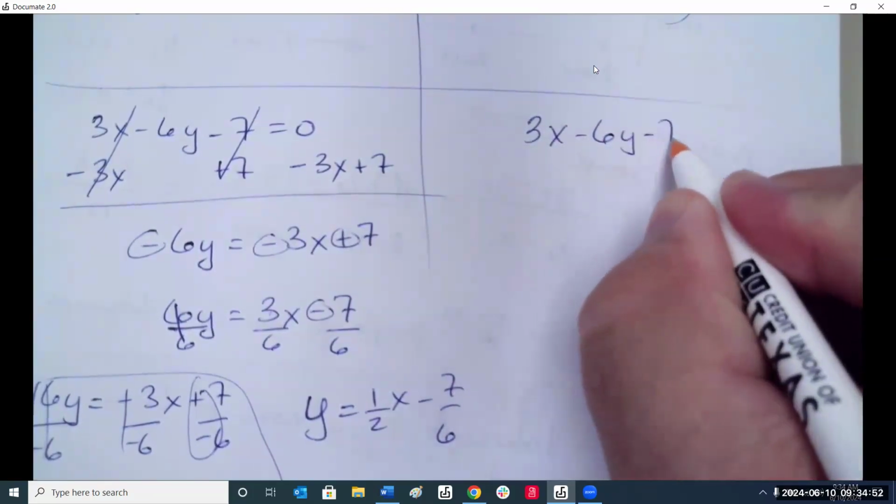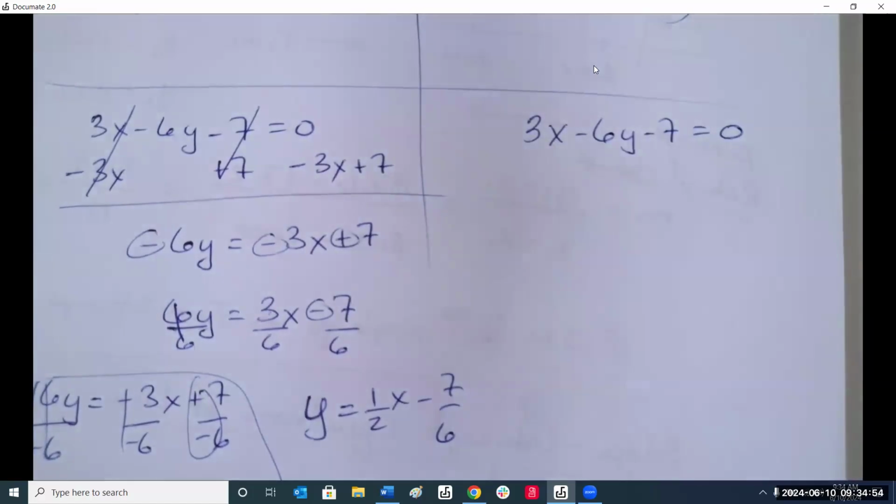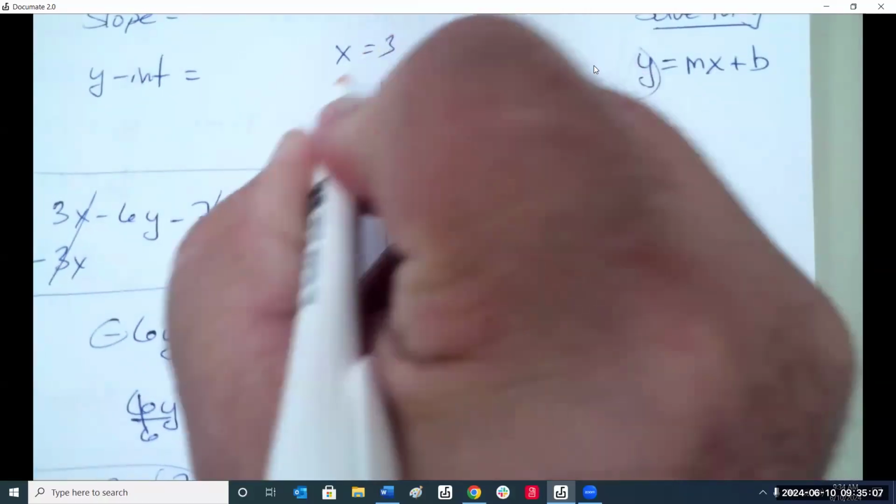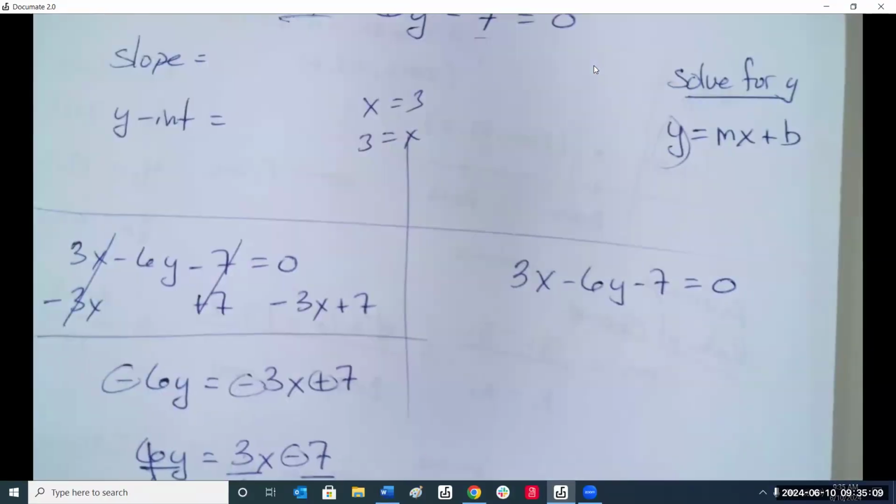Another way, again, you weren't taught this in high school because you always want to make sure that the x's or y's are on the left side, everything else on the right hand side. Doesn't have to be. If x equals 3, doesn't 3 equal x also?